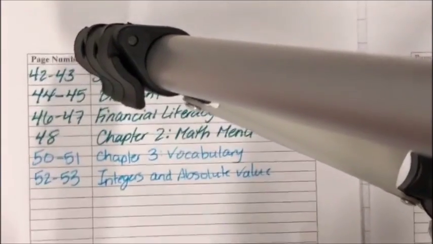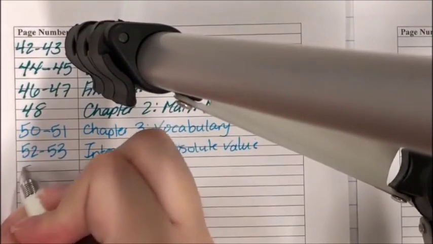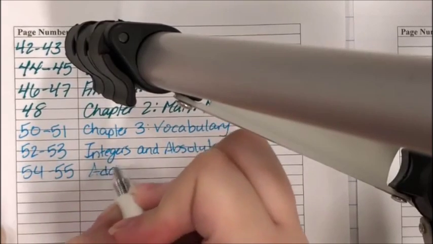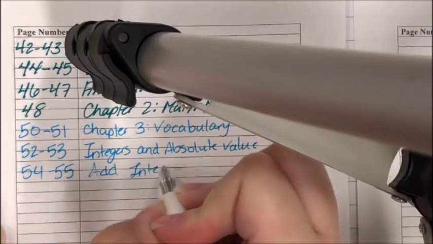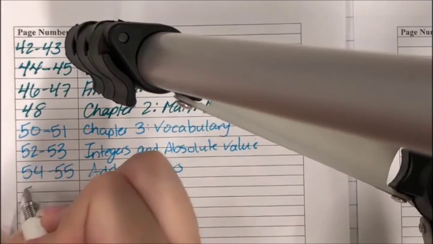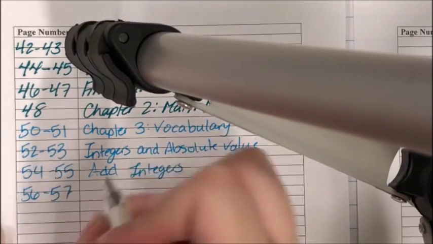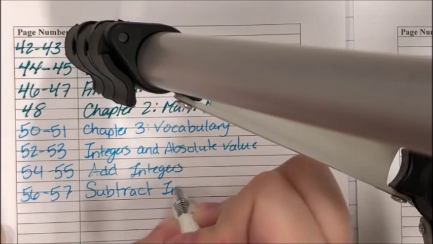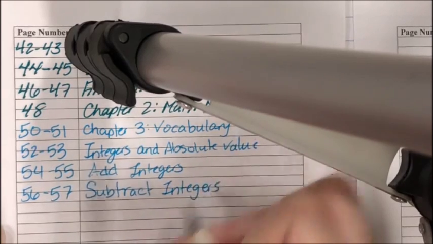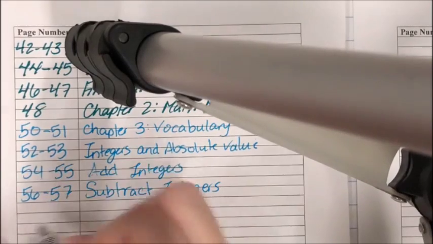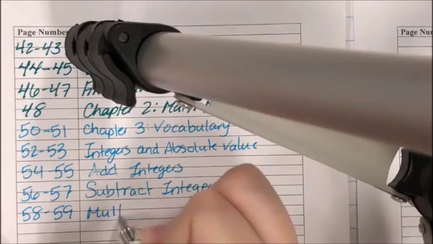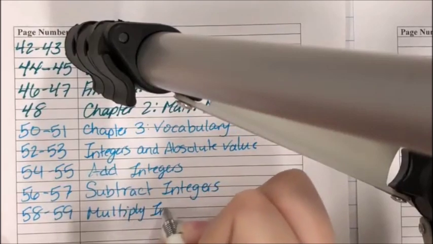Okay. On pages 54 and 55 was add integers. On 56 through 57 was subtract integers. Page 58 through 59 was multiply integers.